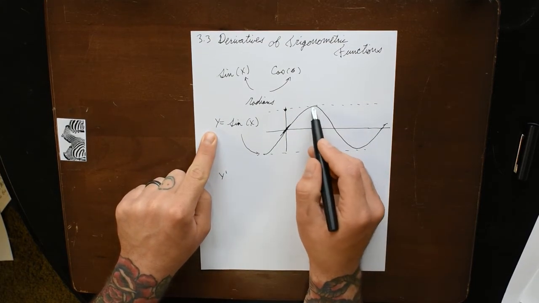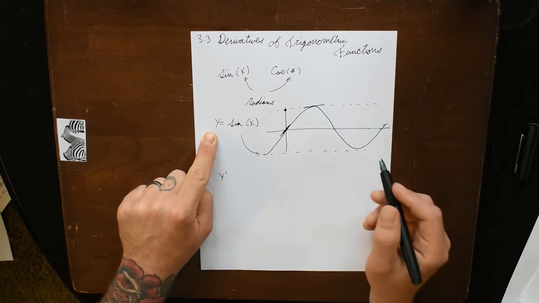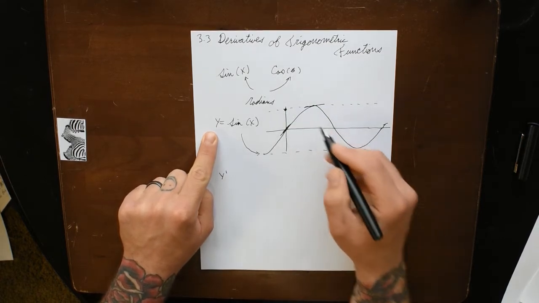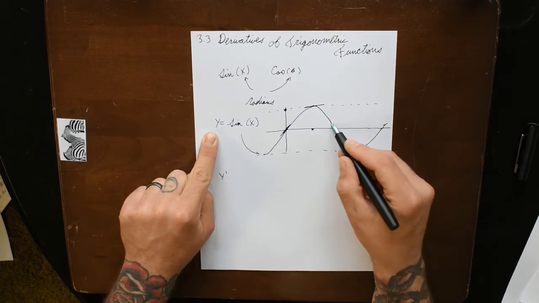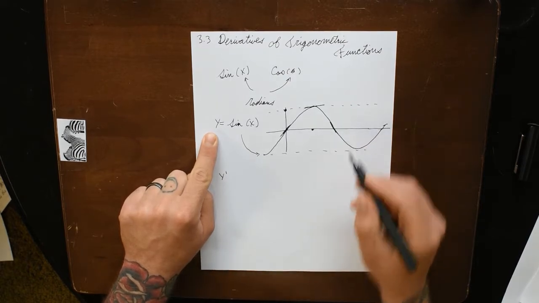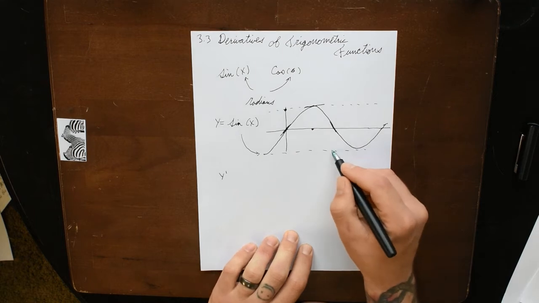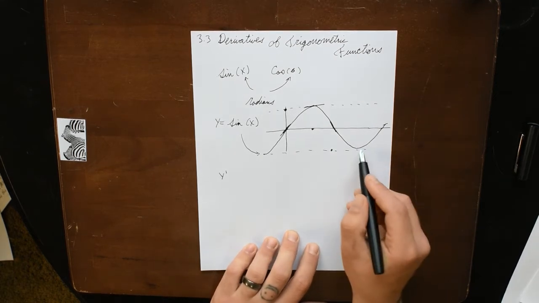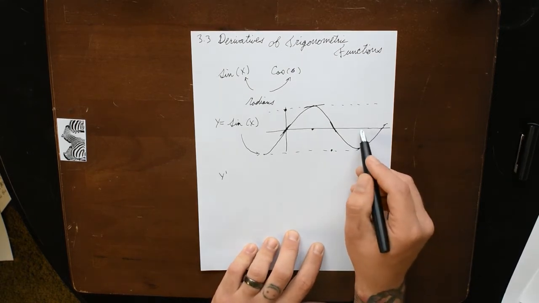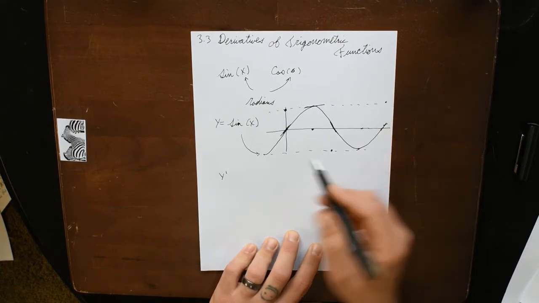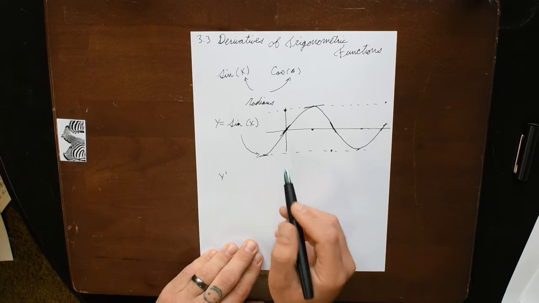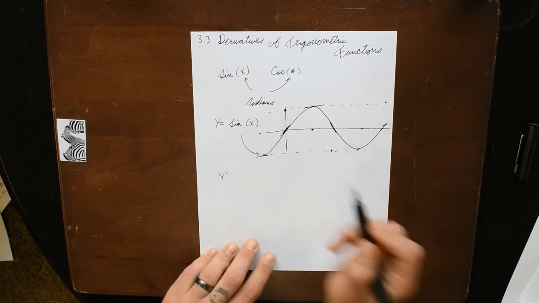At this point, sine has a horizontal tangent line, so the y value would be equal to 0. And at this point sine has a slope of about -1, so it would be down here. Similarly, a horizontal tangent line, and we'd be right back here, and a slope of about 1. And we've got one more back here for good measure.